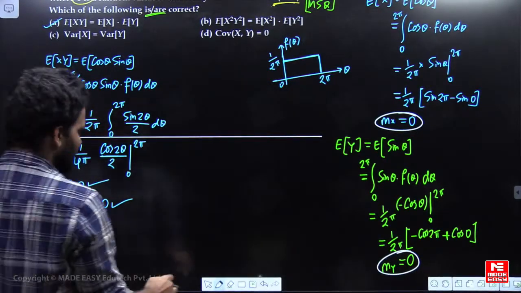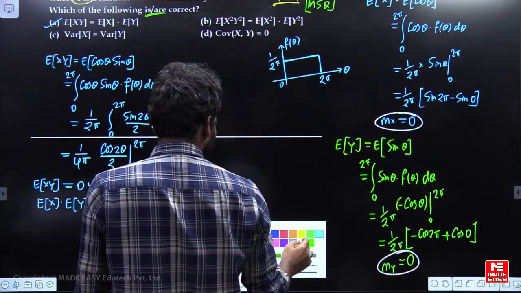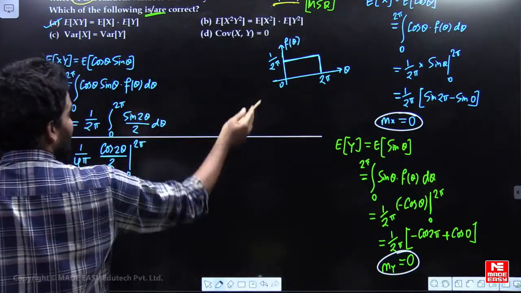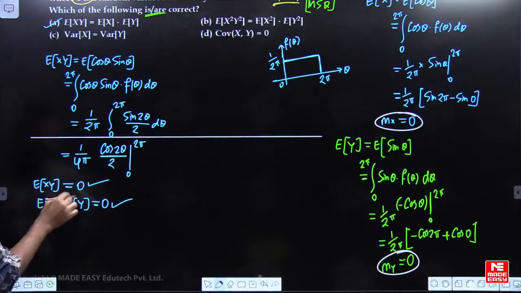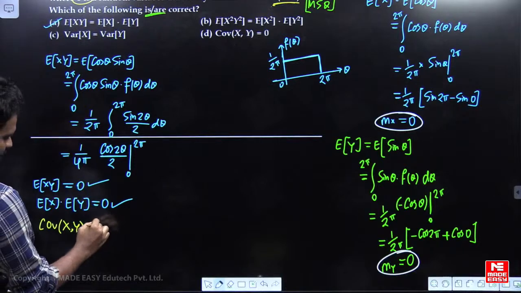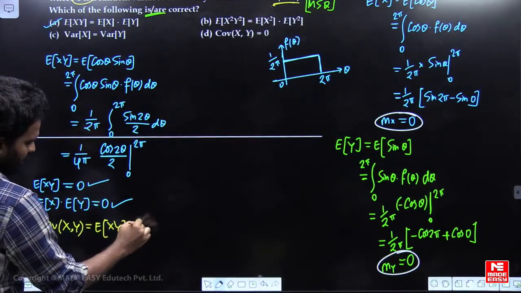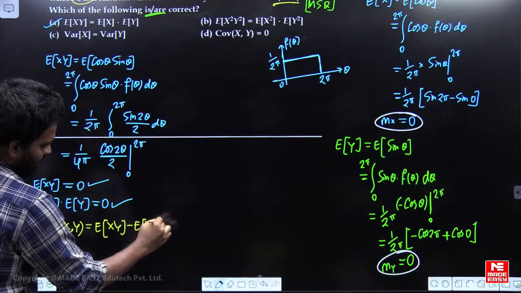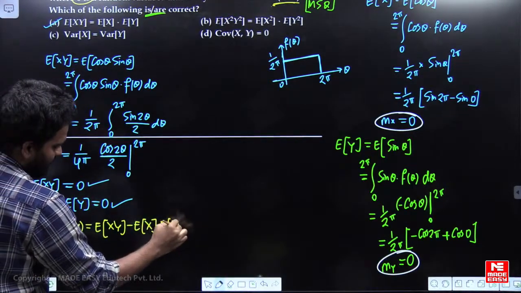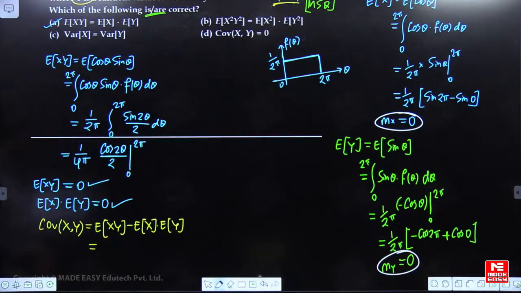And what about option B? Even I can write the covariance here itself, and I can write option D. By having this data, you can write covariance. Covariance of xy is expectation of xy minus expectation of x into expectation of y.